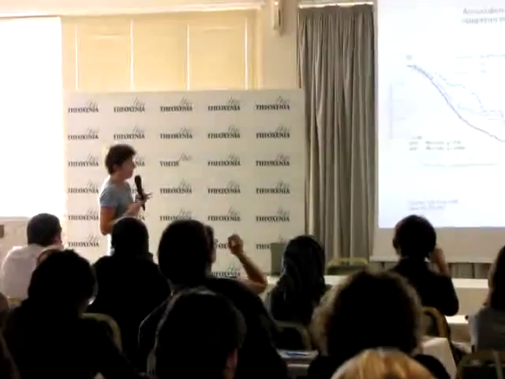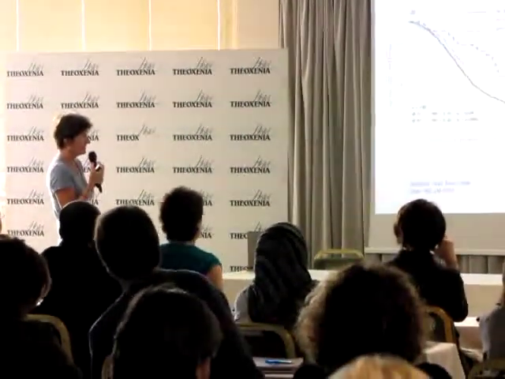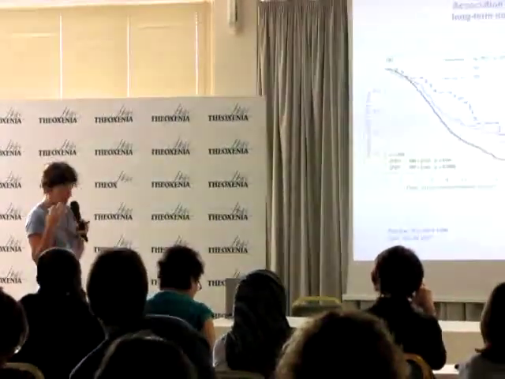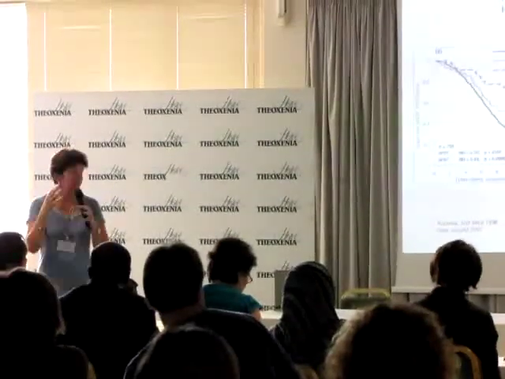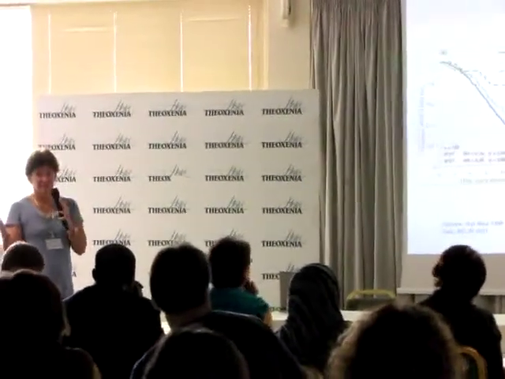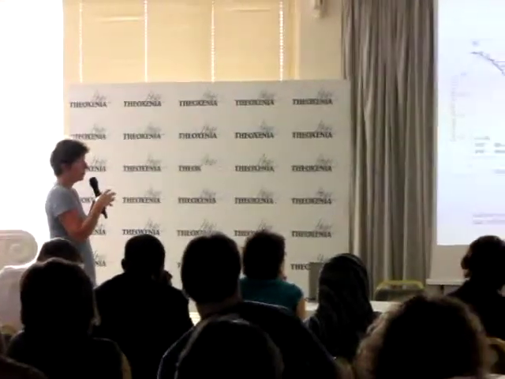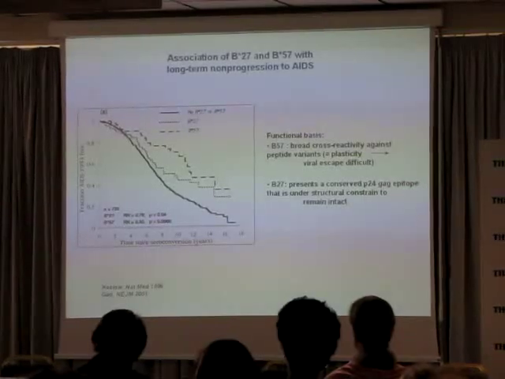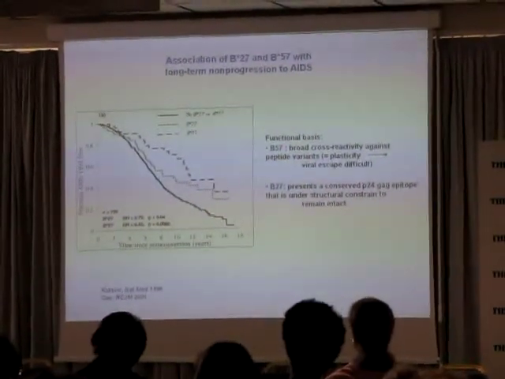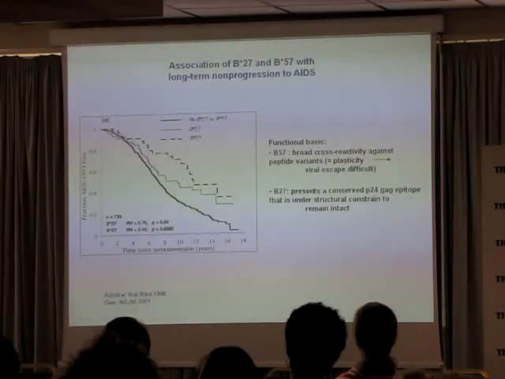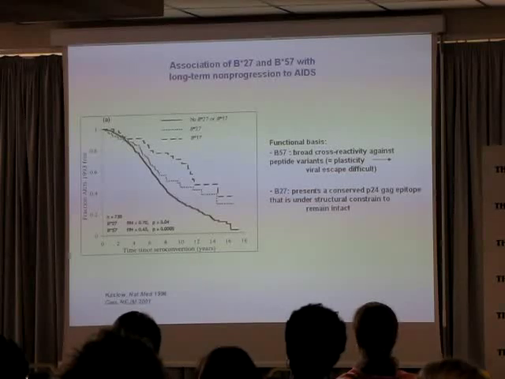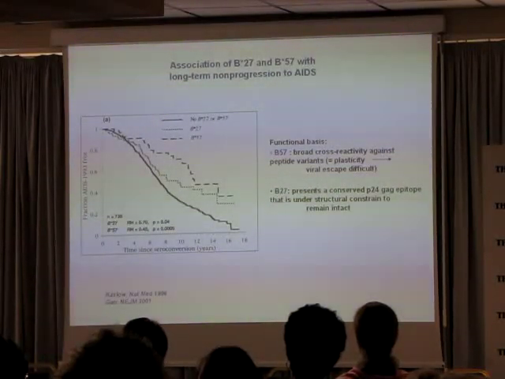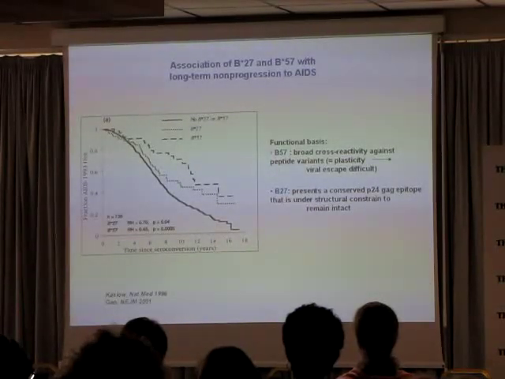And they all conclude that B57 can bind, in fact, a large set of peptides because it has a broad cross-reactivity against bound peptides, so it can bind different peptide variants that occur, for instance, from viral mutations, so that there will be always at least one HIV peptide that will be presented by B57, and the virus will therefore have many difficulties to escape the T cell response.